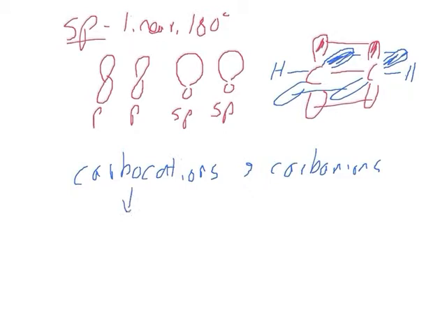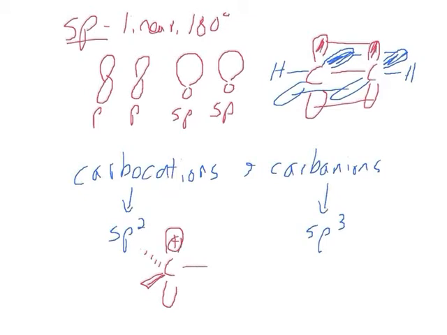Carbocations are sp2 hybridized, while carbanions are sp3. If we look at the molecular orbital picture, we'll see why. If the p orbital is empty, we want this empty p orbital to be as close as possible to these electrons here. That's at 90 degrees. That makes it as close as possible.